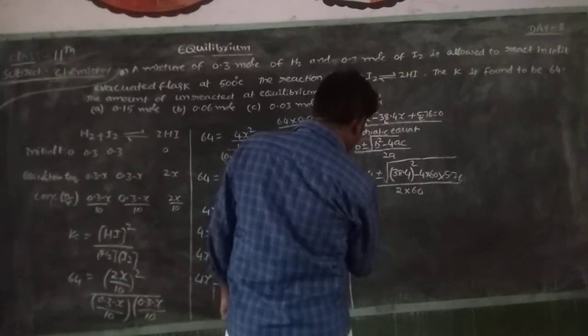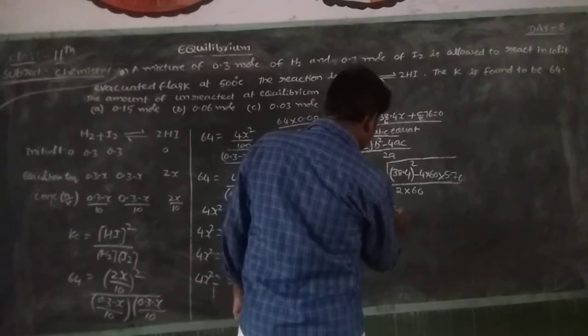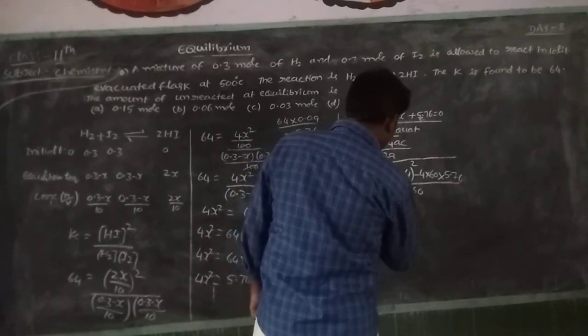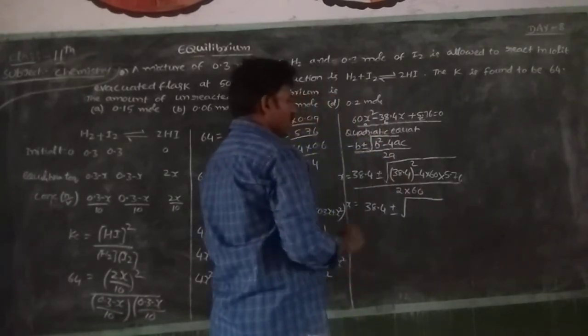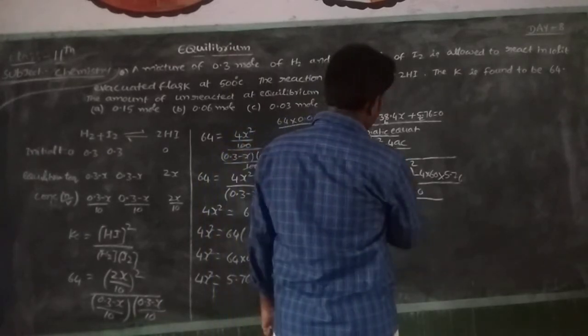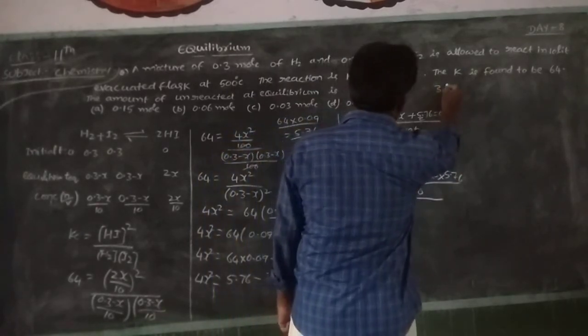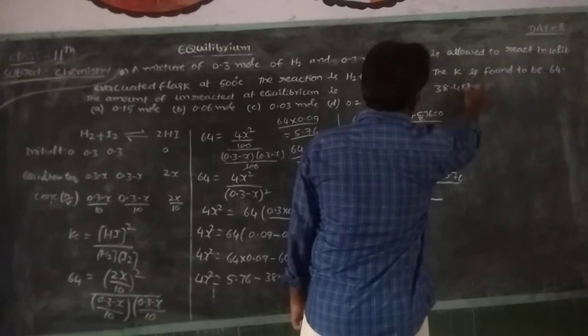Okay, 38.4 plus or minus root of 38.4 into 38.4.